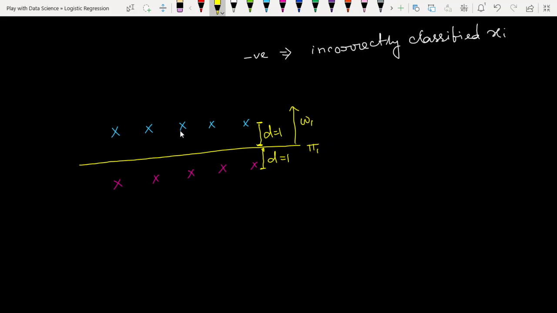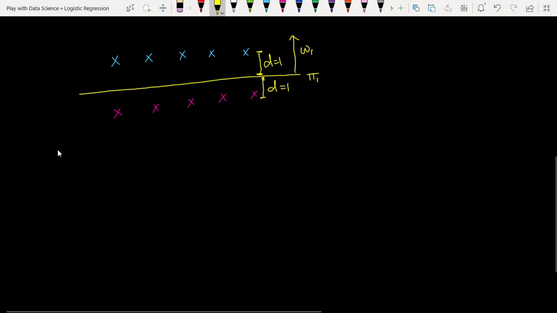This distance is also 1, and this distance is also 1. We have taken this example to discuss this situation. So let's call it case 1. In case 1, pi 1 is my separator.